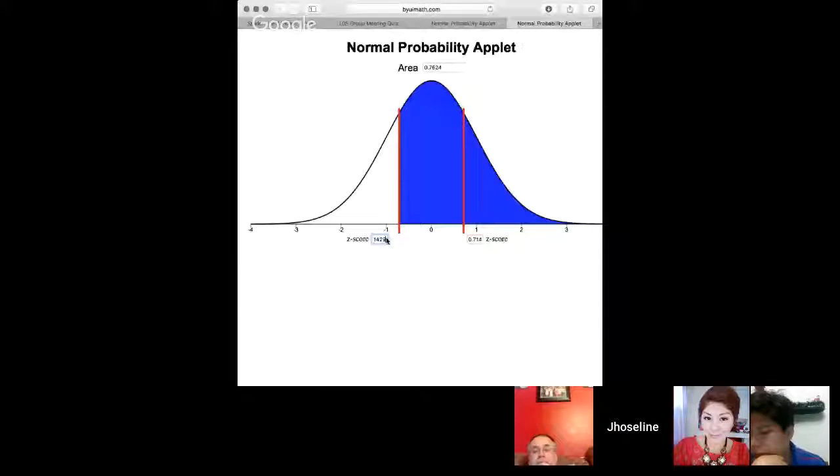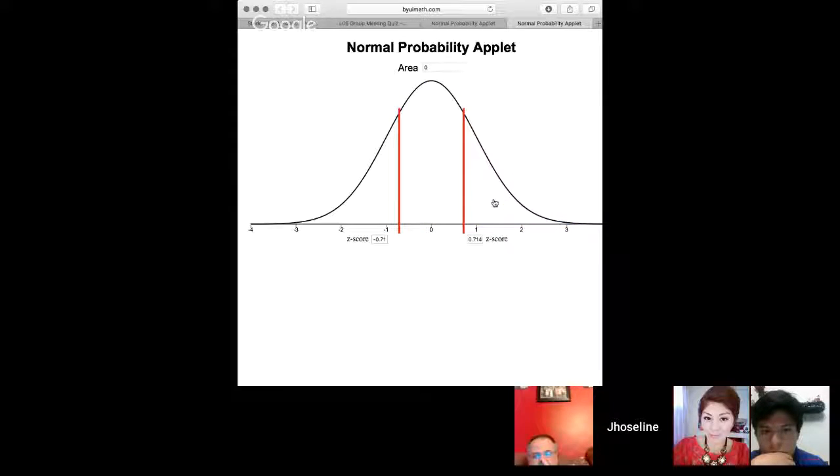For 13, yes. You can just put in 0.714, basically. And then you're going to make a blank, and because you're only looking for the less than, it's just going to be this part. And that's how they got the 0.238.